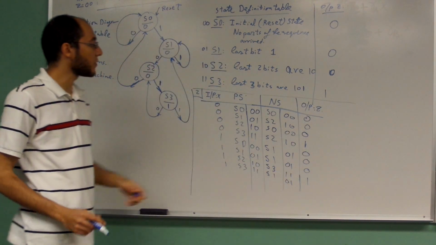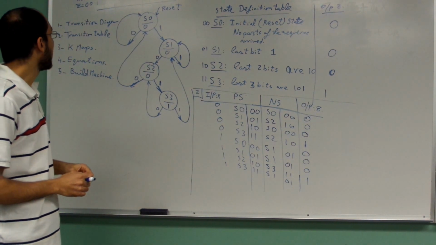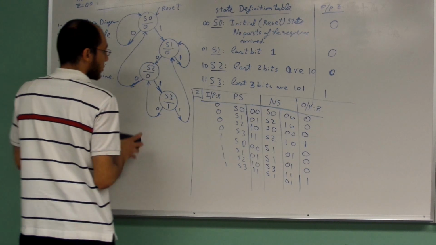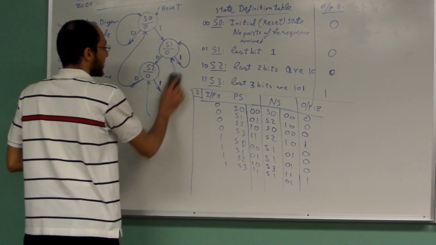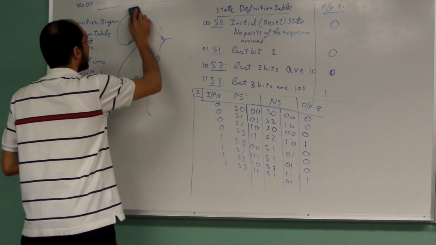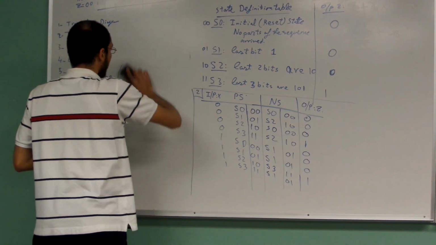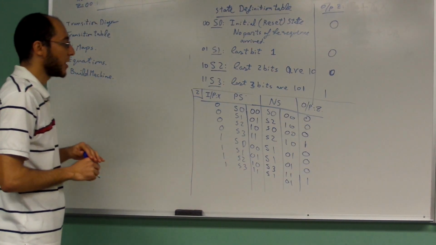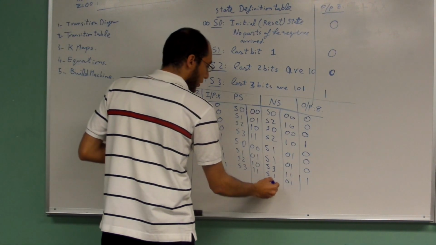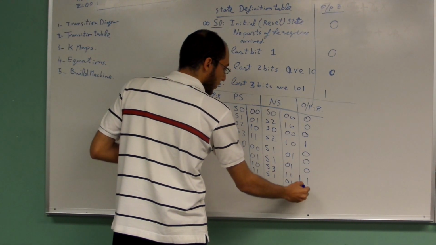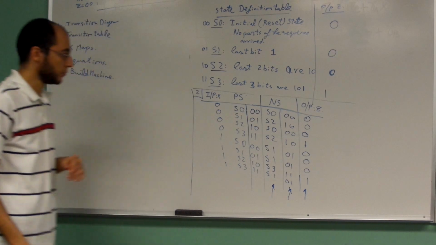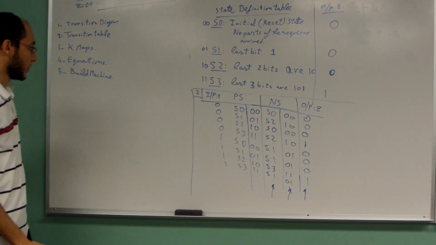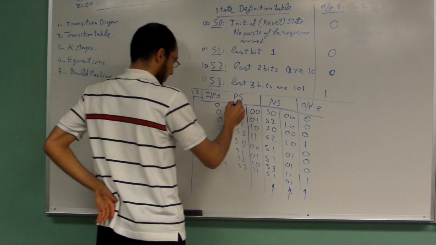Once you have this state transition table, then you're ready to do the K-maps. You do not really need this state diagram anymore. So let's proceed with the K-maps. How many K-maps do we need? 1, 2, and 3. Okay? So, let's first name them.